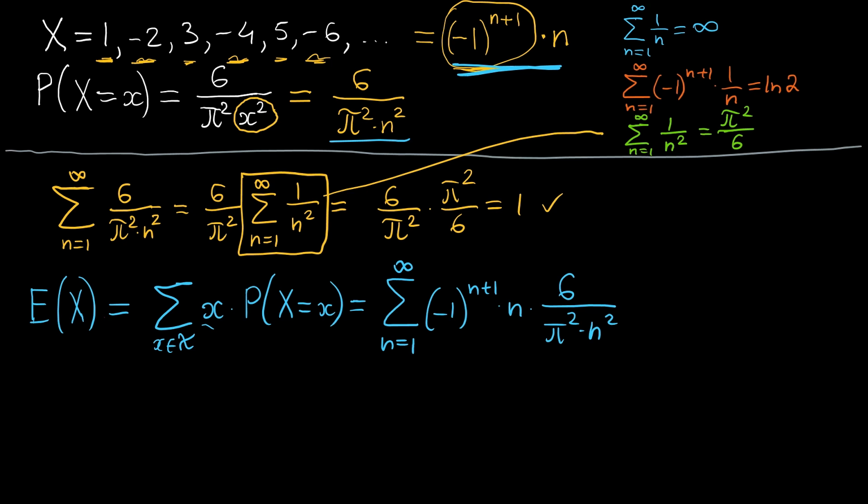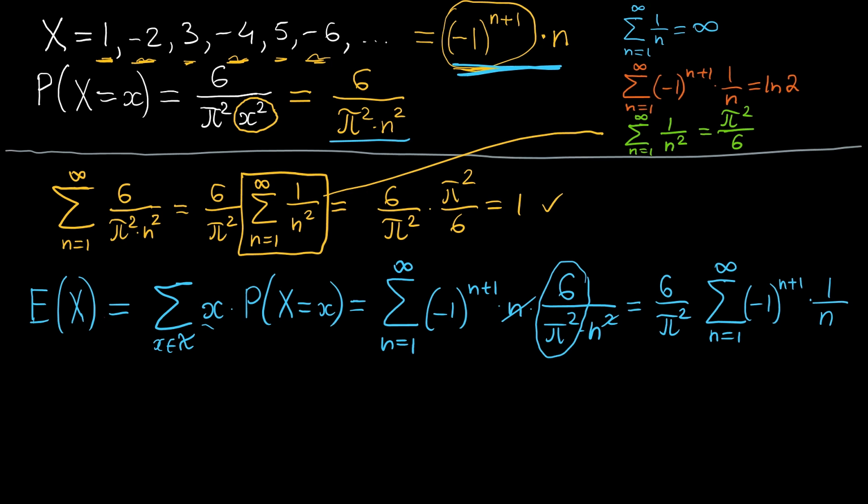1 to infinity. Okay, let's see, we have a couple constants here, so let's pull 6 over pi squared in front of the summation sign, and then there'll be a cancellation here in n with the power of n squared in the denominator, and so then what we have left is the sum as n goes from 1 to infinity of minus 1 to the power n plus 1 times 1 over n, right?